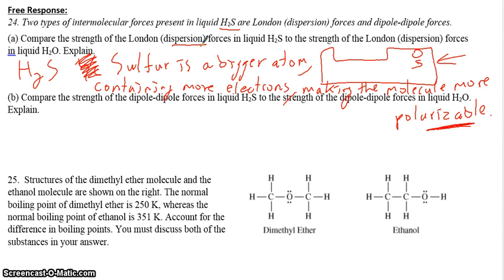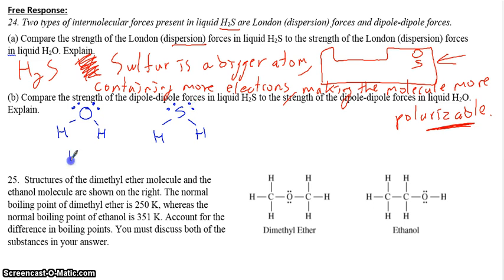Now, B says compare the strength of the dipole-dipole forces in H2S and water. Both of these are actually polar. We know famously water is bent, but H2S will have the same shape because it's in the same group, with the same number of valence electrons.